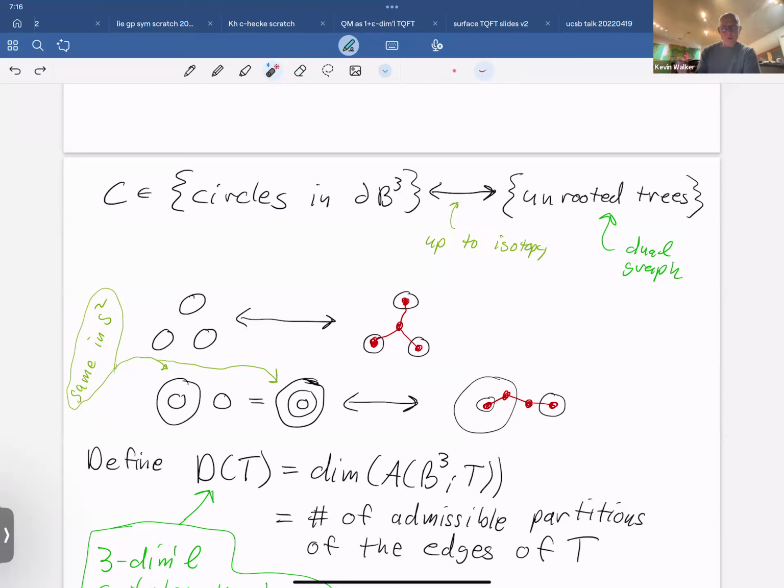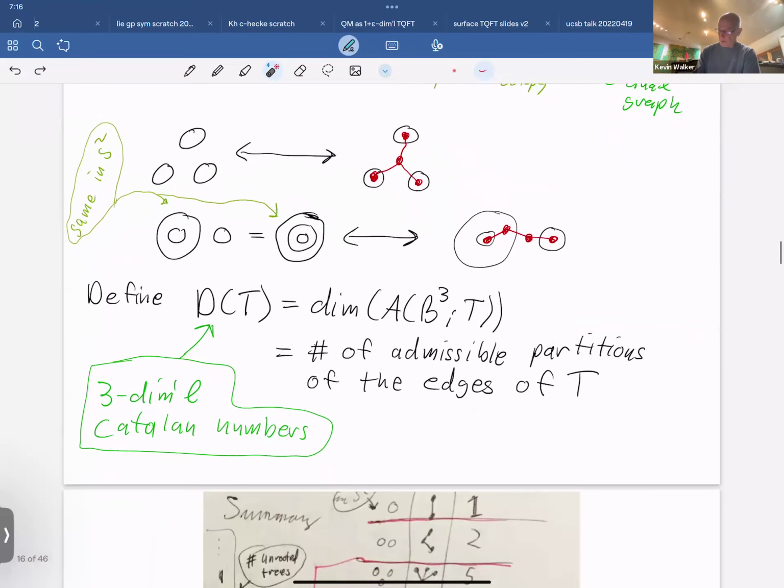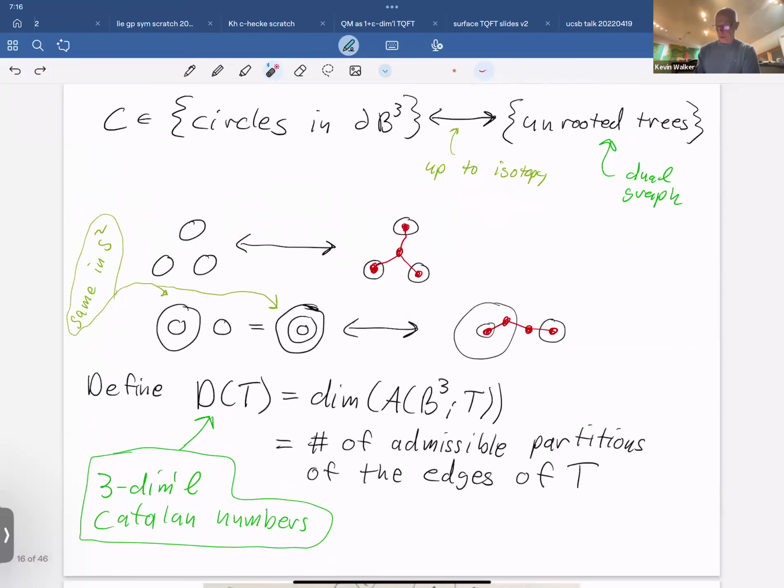But not all of those partitions could be realizable by submanifolds. So for example, here when I've got three unnested circles, it's easy to see that any partition can be realized by surfaces.